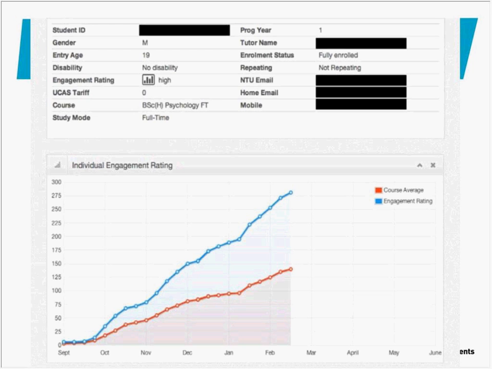We're actually measuring student engagement in a very real way. And that can be plotted, so students can view their engagement compared to an average rating, which is essentially the minimum required for a good pass grade on the course. You can see here there's great potential for students to evaluate their progress over the year, and also for tutors to evaluate progress, identify those students who are failing to engage, and make interventions far earlier than would be possible.